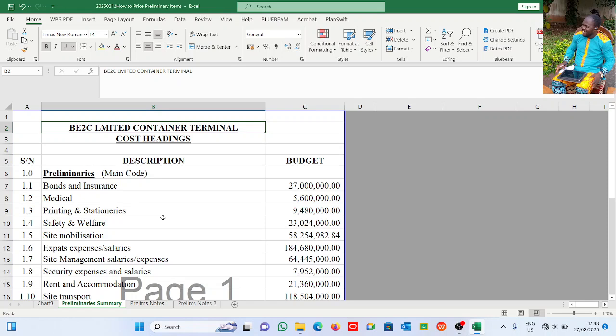Take for instance, we've discussed this before when we were talking about how to price preliminaries in valuations. Take for instance your site office, security, fencing, site vehicles, printing. Now these are preliminary items.